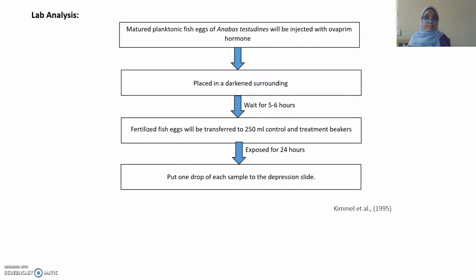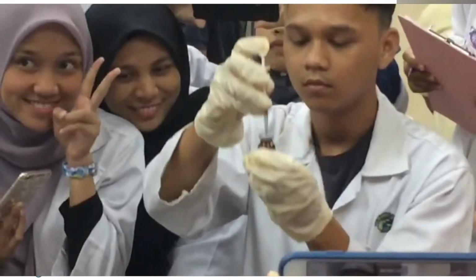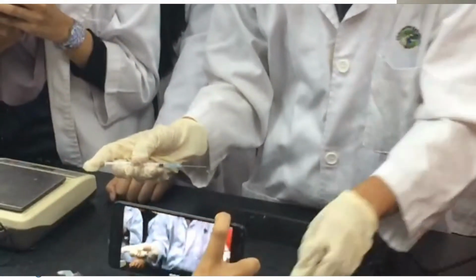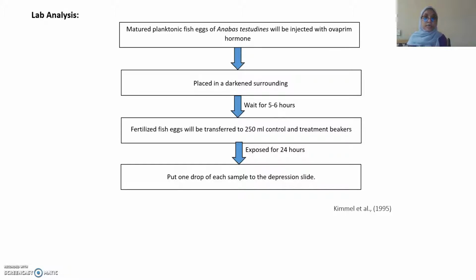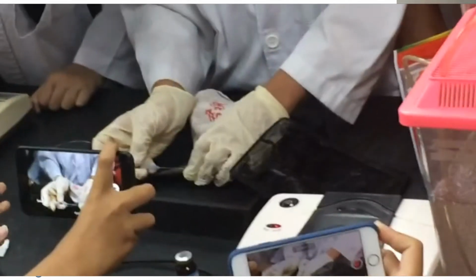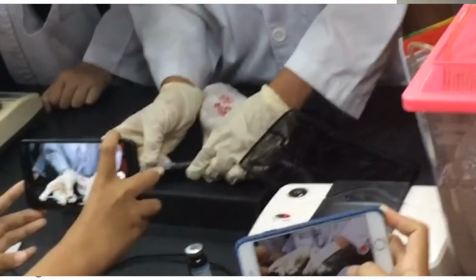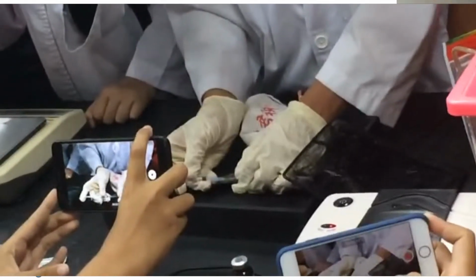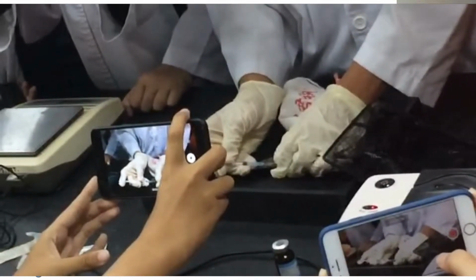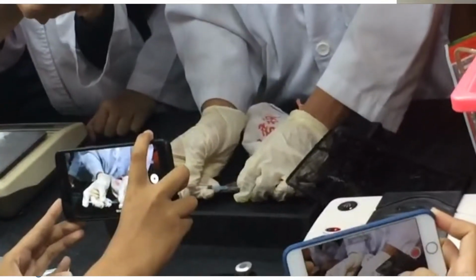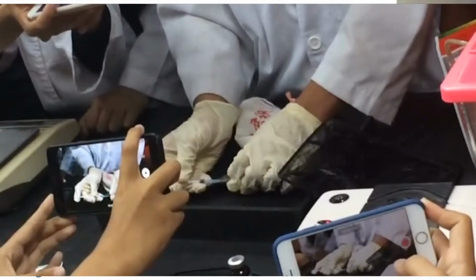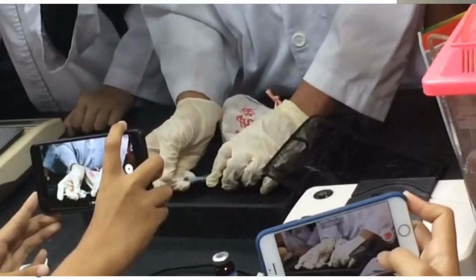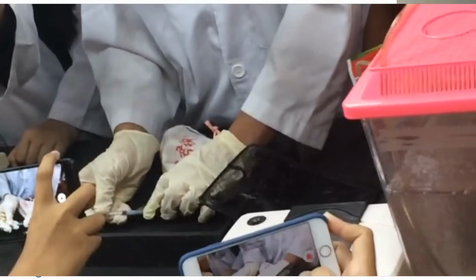Then let's move on to the lab analysis. Before we put the fish back into the tank, we injected the ovaprim hormone into the fish itself. Normally we inject it near the anal area. This hormone helps to accelerate the development and growth rate of the fish eggs.